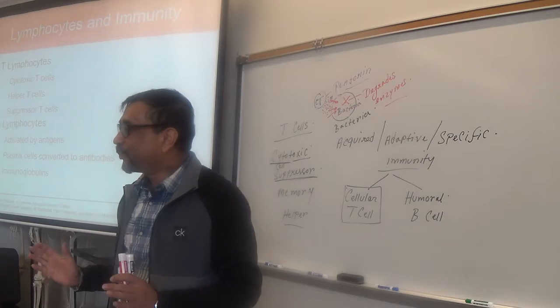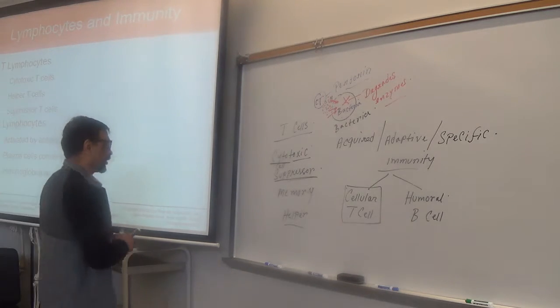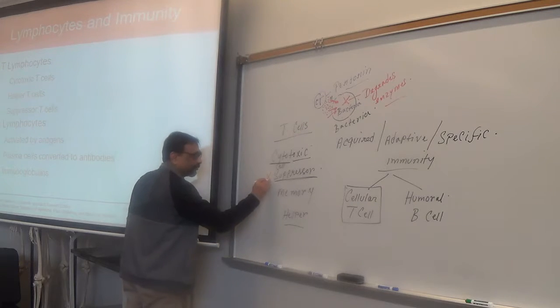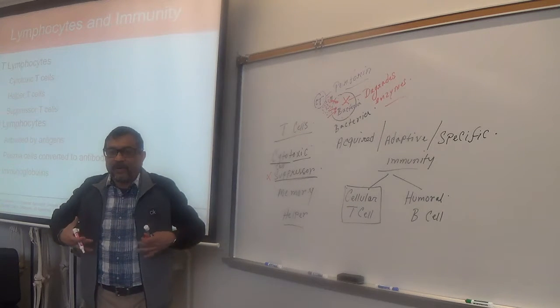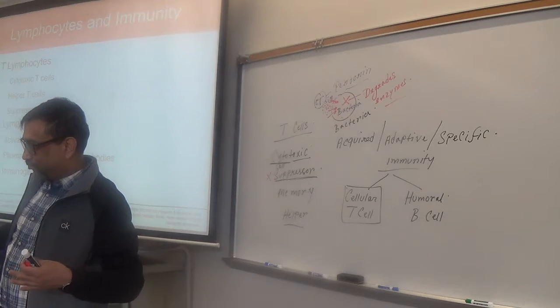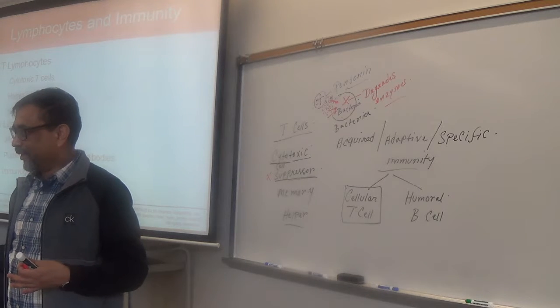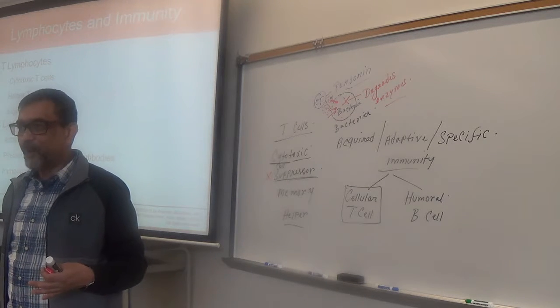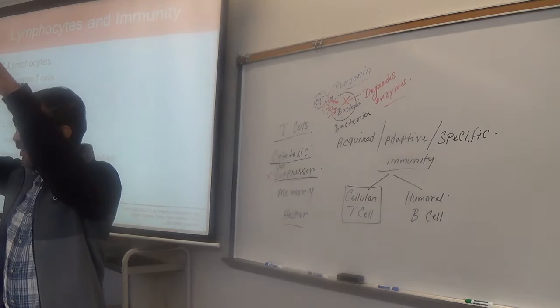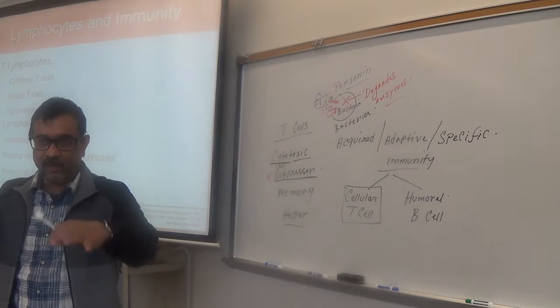Now why this is very important? You see, if the suppressor T cells don't work, then what will happen? Immune response will be more in your body if suppressor T cells don't work. Makes sense? Because the suppressor T cells try to suppress, keep the immune system under what?